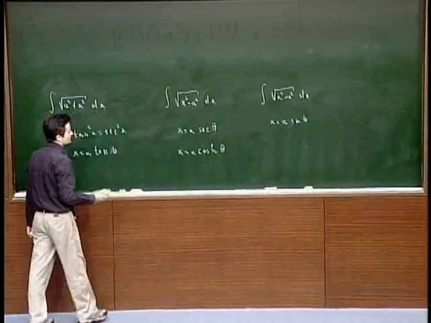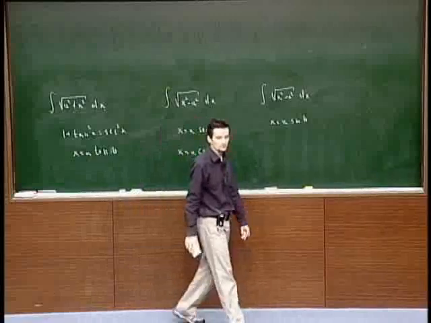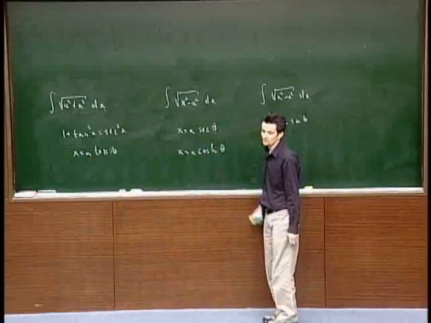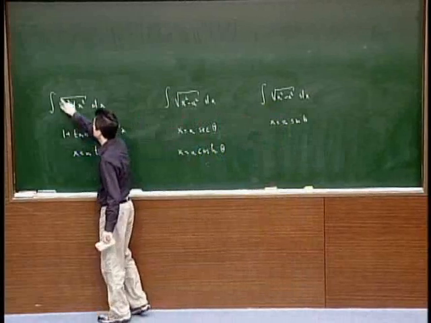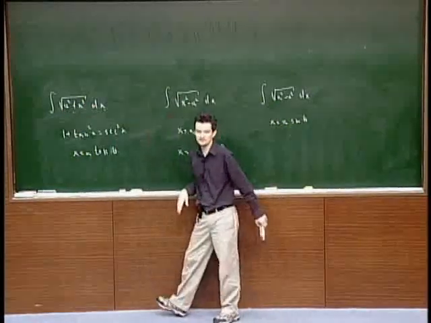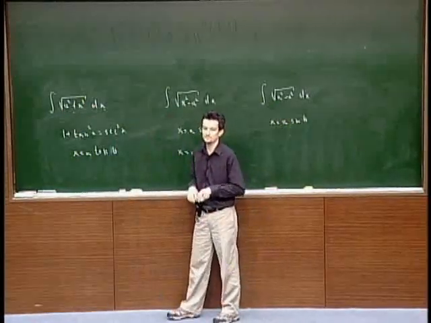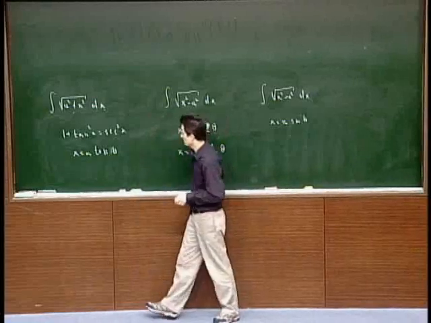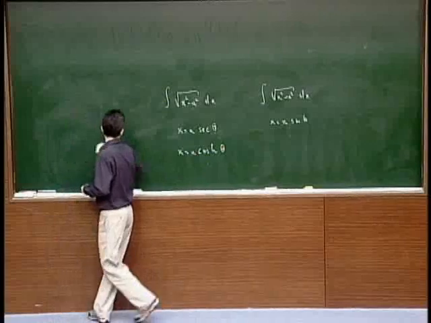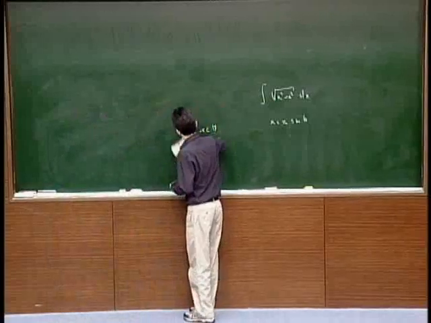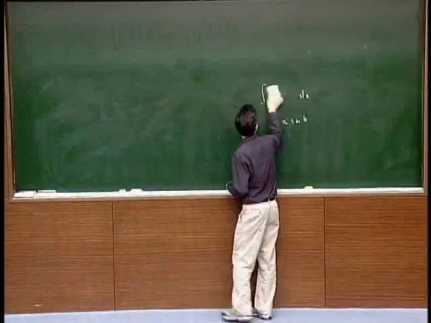And you can also handle integrals which involve such terms, as I have already stressed. So if you have something like x squared times this one, you can try this substitution, and in most cases you will be successful. Those are essentially the three cases which are called trigonometric substitution.